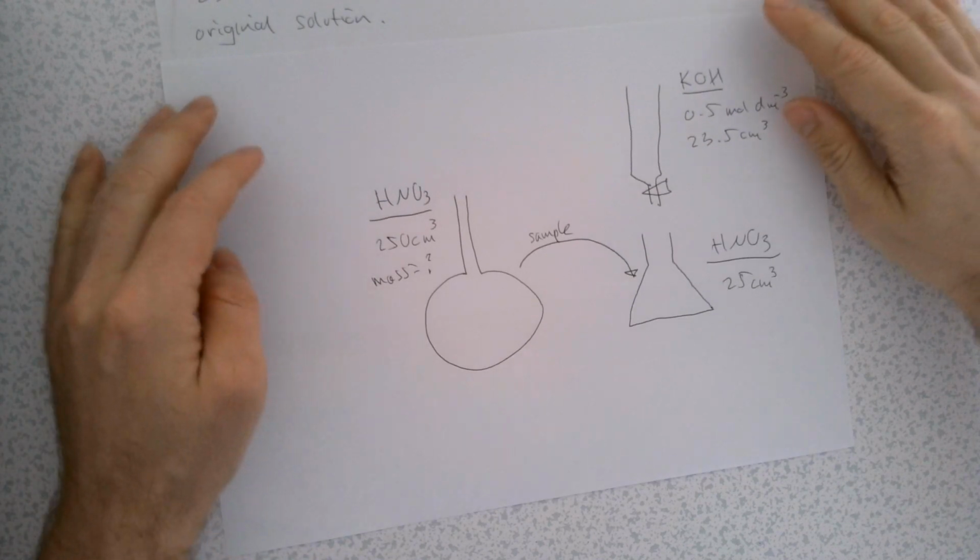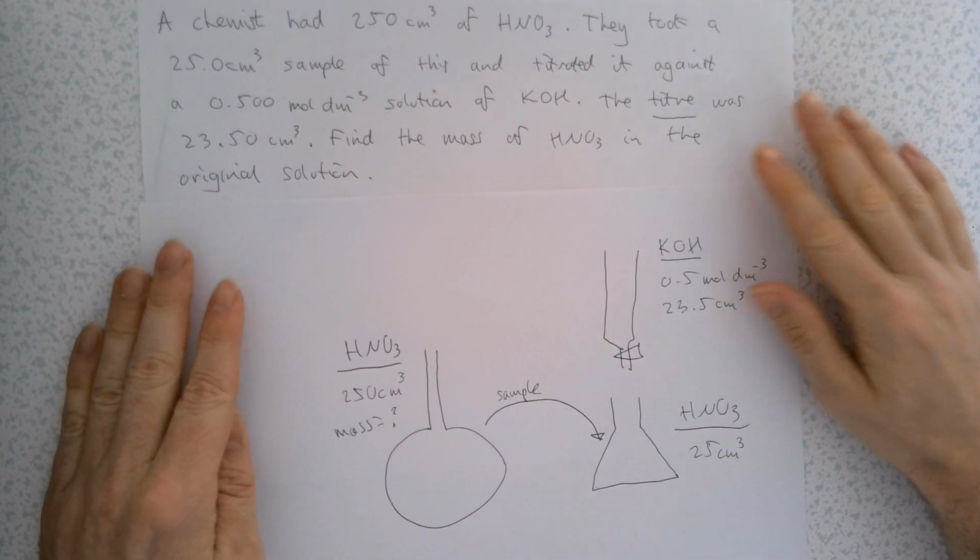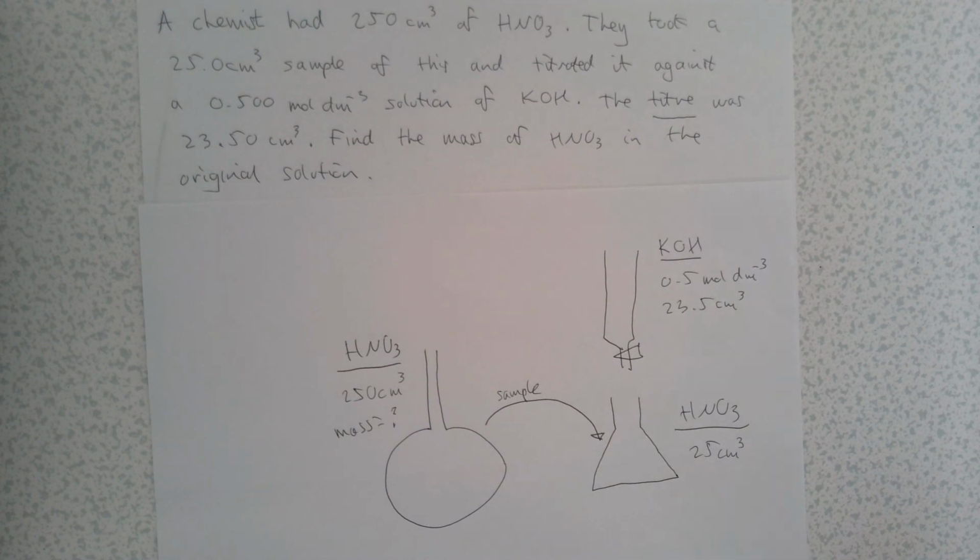So to go back to the question from the previous video, and if you've not watched that video, stop this now and watch it. So here is our question from the previous video, and we drew our storyboard, our diagram to show what was going on.